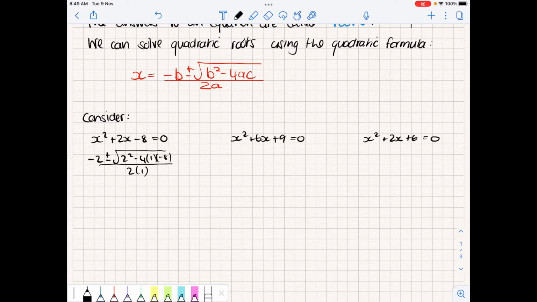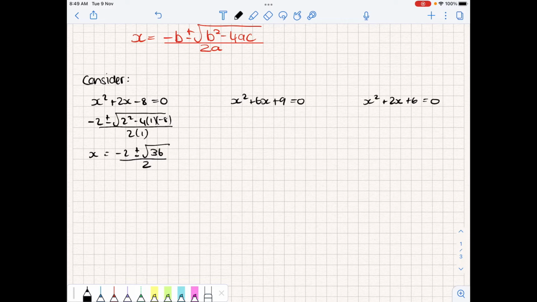Simplifying that, we get x equal to minus 2 plus or minus the square root of 36, all over 2. Now we can take our two solutions. On this side we'll consider the positive and on this side the negative. The square root of 36 is just 6.